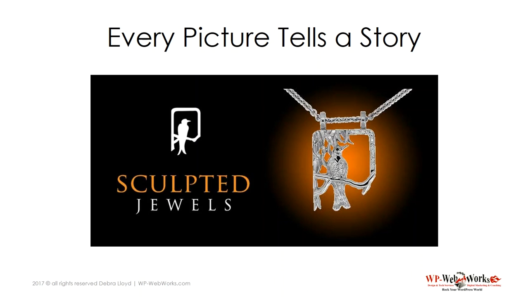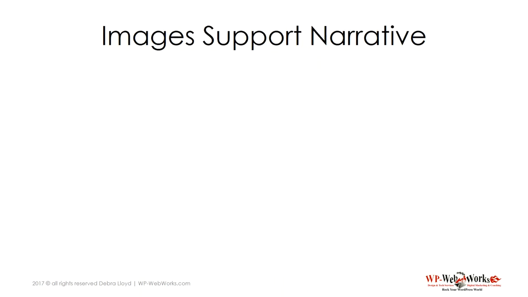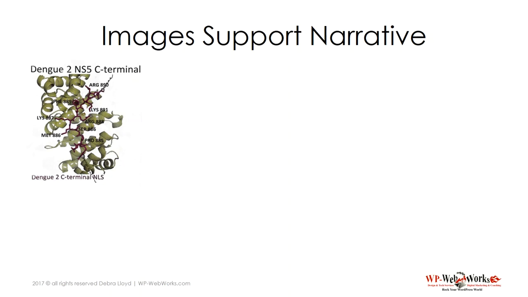So she blogs about that at sculptedjewels.com, and this is a great example of a student that I've taught who's actively and currently using her blog to grow her business. But this is her logo, and this is something that I created for her that we use on her website. So you can use images to support the narrative of your blog posts, even if it's about dengue fever, which, believe it or not, she had a client who wanted a custom piece made for his girlfriend's birthday.